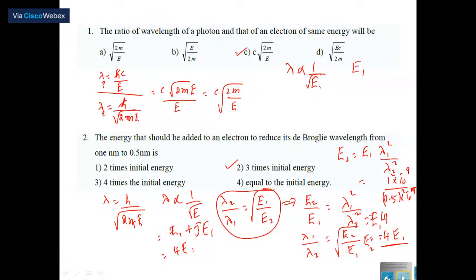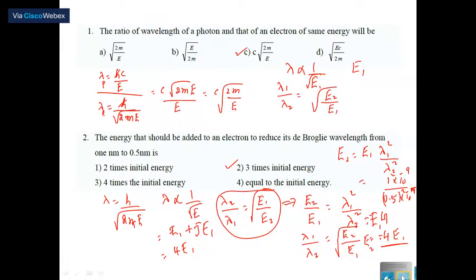What should be the final energy, or what is the energy to be added in order to reduce the wavelength from 1 nanometer to 0.5 nanometer? Now, what is lambda 1 by lambda 2? Since it is inversely proportional, that is equal to root of E2 by E1.